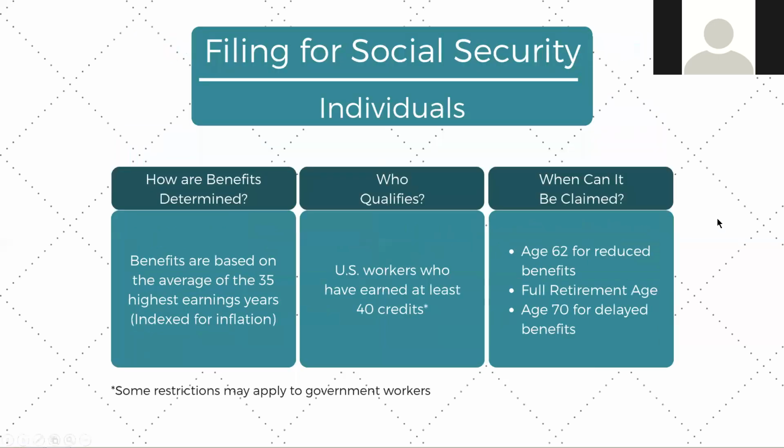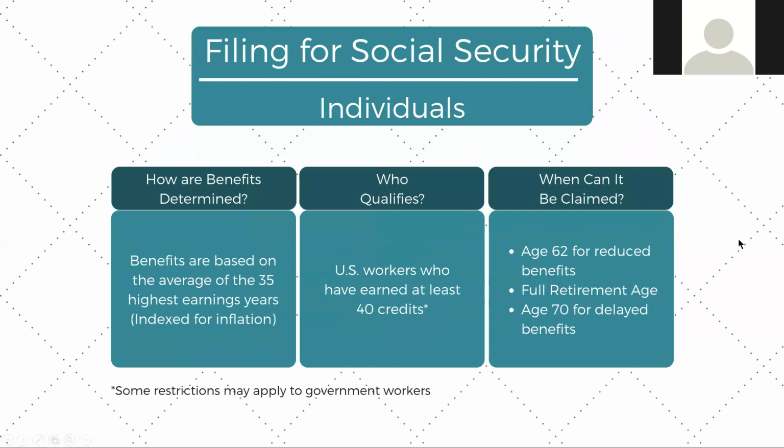All right. So let's just do a quick recap. So far, what we've really been talking about is benefits based on your own work record, right? You've worked, you've earned your 40 credits, they're looking at your highest 35 years, they're now calculating your primary insurance amount or your benefit that's projected at your full retirement age, right? That's everything we've been talking about.